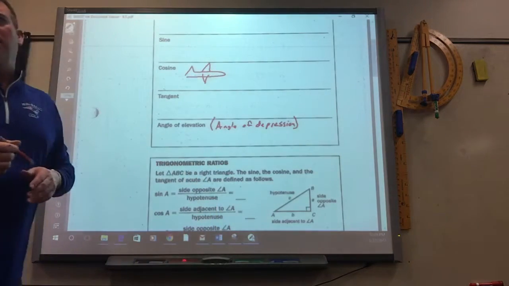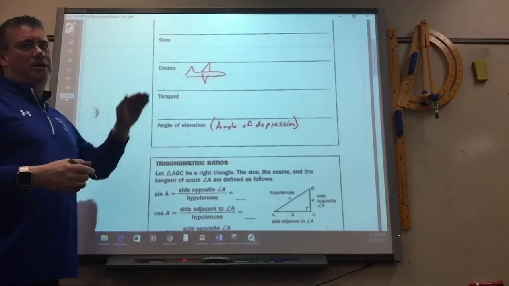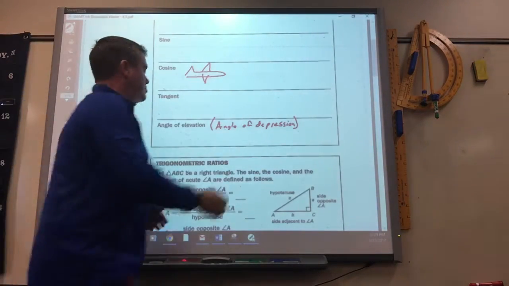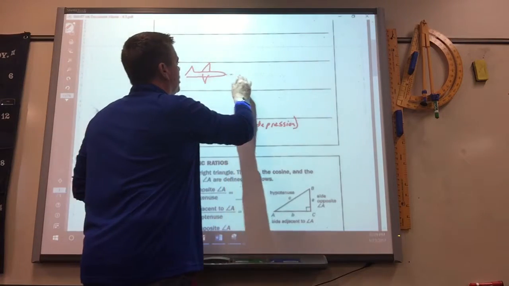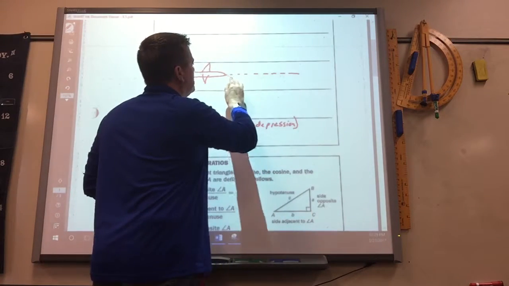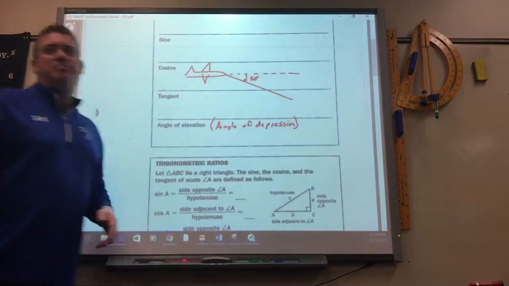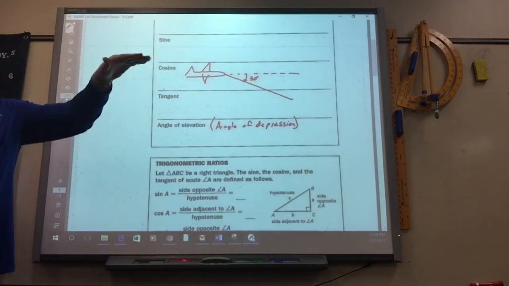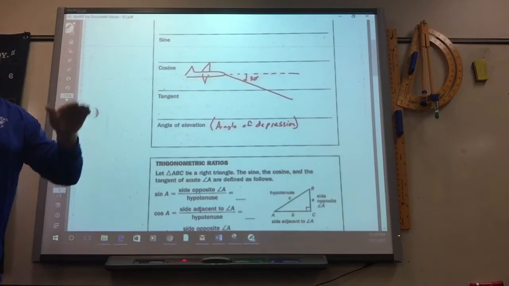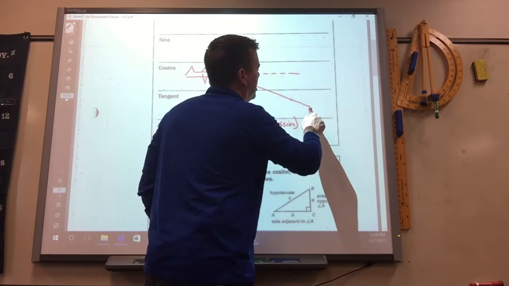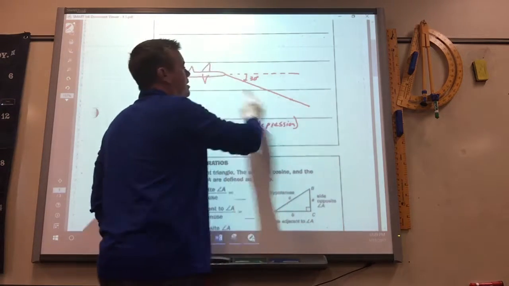Okay? If you're in an airplane and they say if they're going to land, their angle of depression is like 30 degrees. That means if you're looking out on the horizon and you go down from that, that's the angle of depression. So it's the angle formed with the horizon. An angle of elevation would be like, say, someone standing down here looking up at the airplane.